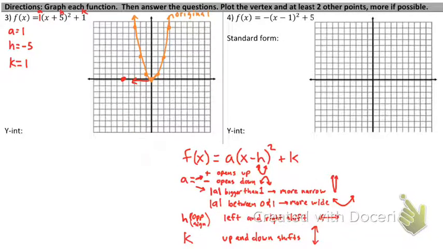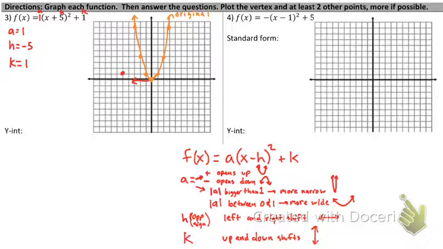All right, so if you think about it, the h value moved us back 5, and now we're going to move from here up 1. Up 1 from here. Boom, up 1, and this is going to be my new dot. So I can now erase this.